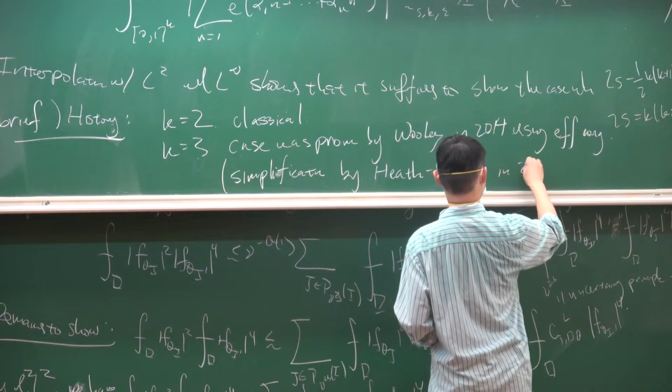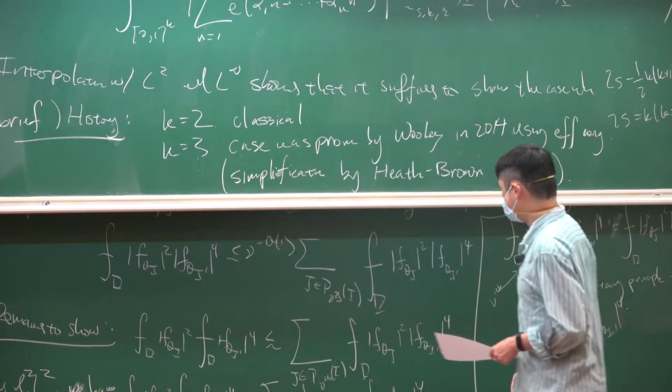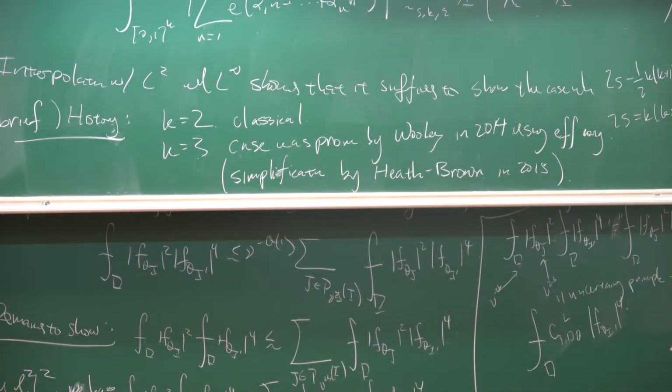So Woolley wrote not a super long paper, but it's not super short either, proving the k equals 3 case. That was the L12 estimate in the analysis language, the L12 norm of this exponential sum for k equals 3.